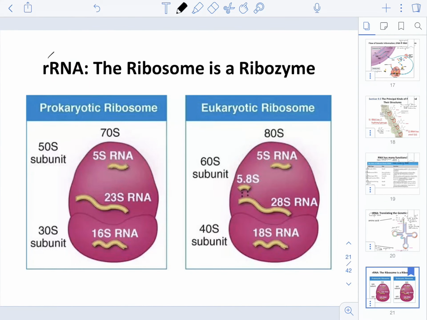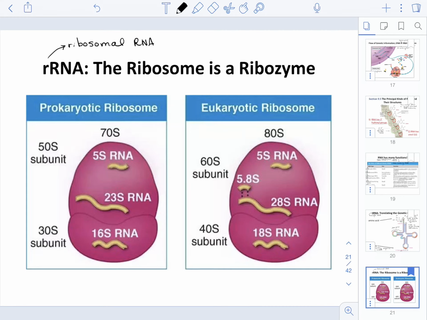When it comes to ribosomal RNA, or rRNA, remember that these are going to be combining with ribosomes in order to be involved in protein synthesis. So the ribosome is actually considered a ribozyme because the ribosome is the machinery that is involved in protein synthesis directly.